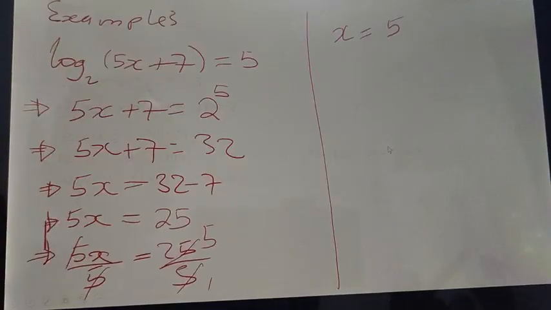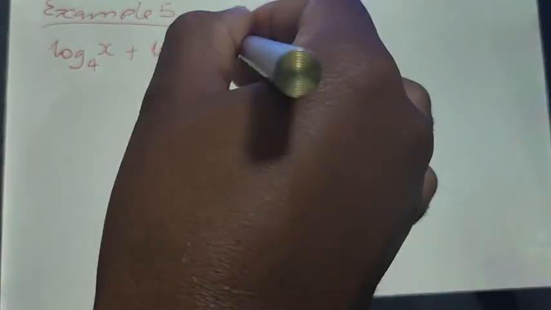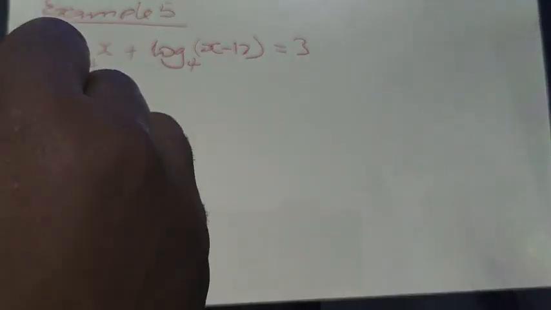So this is example 5. Here we have log x base 4 plus log x minus 12 base 4 should be equal to 3. Okay, so let's simplify this one as well.